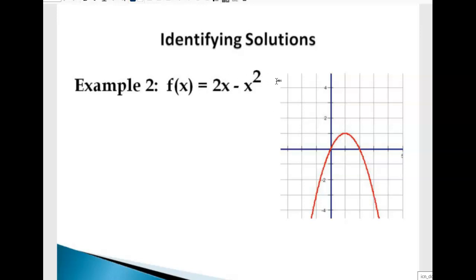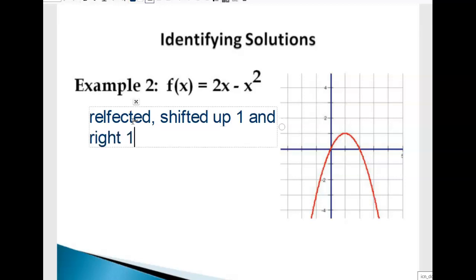Okay, so here we have -x squared plus 2x. So this graph is reflected. It is shifted up 1 unit and to the right 1 unit.